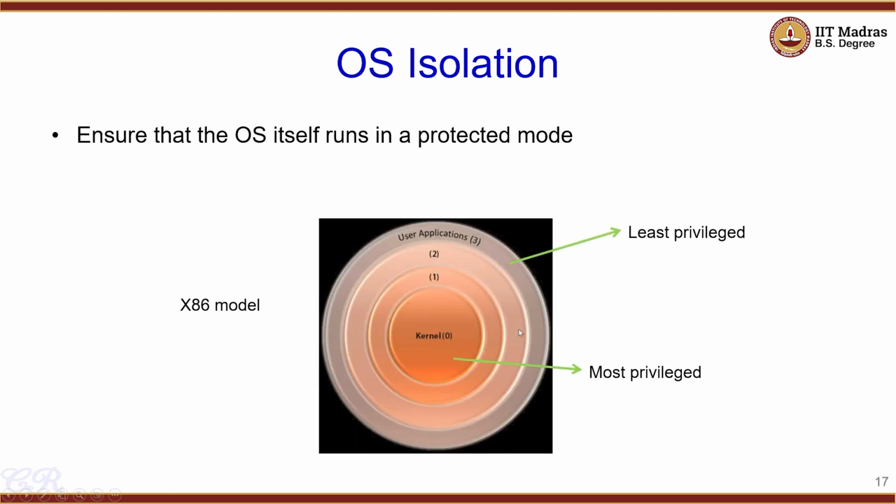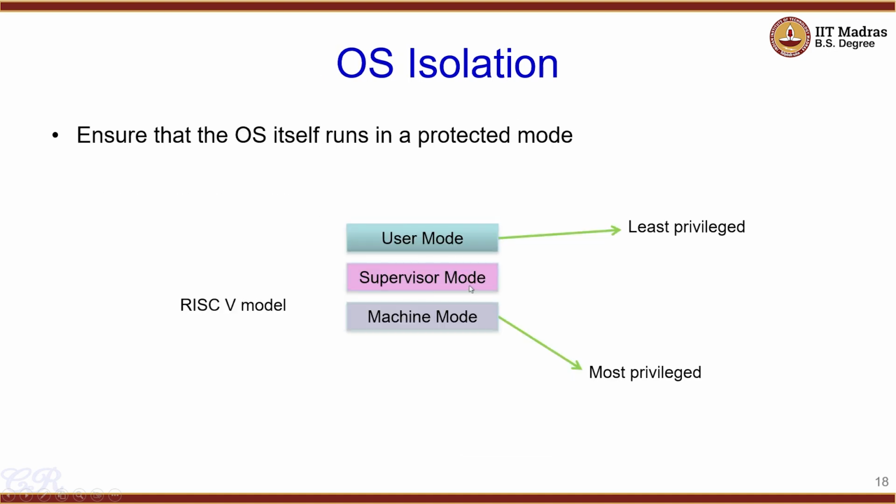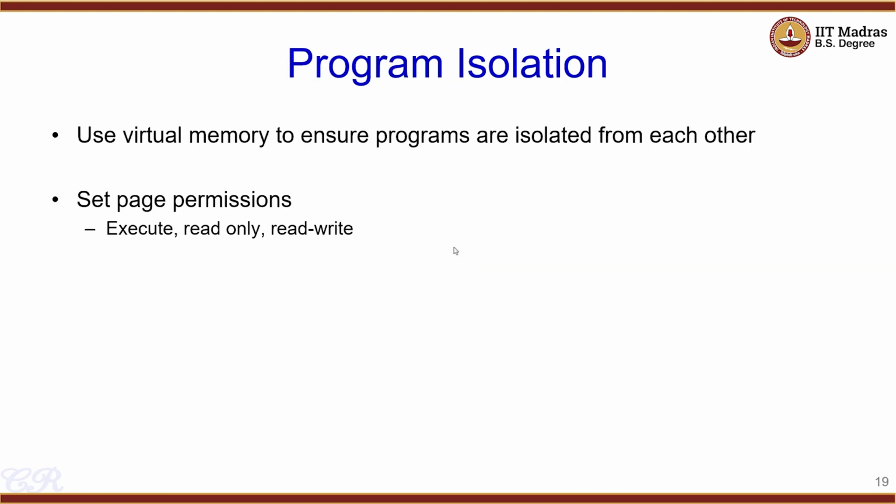So operating systems make use of these rings or these different modes of operation to isolate itself from the regular applications that are executing on your system, right? But we also have the second requirement, that one application should be isolated from another, right? And the way this is essentially achieved is with the help of what we call virtual memory.